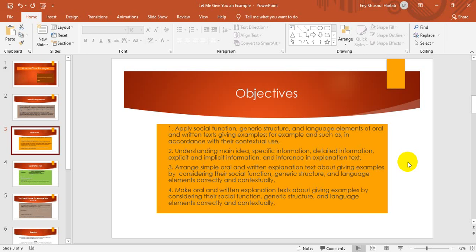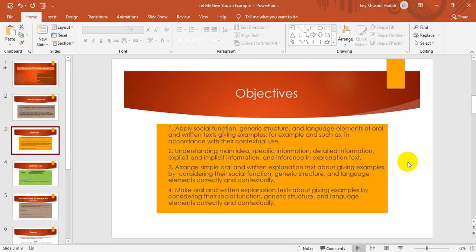3. Arrange simple oral and written explanation texts about giving examples by considering their social function, generic structure, and language elements correctly and contextually.